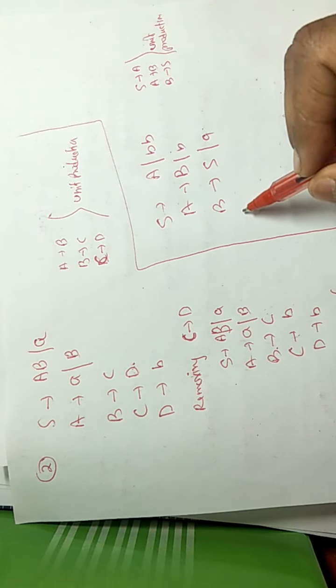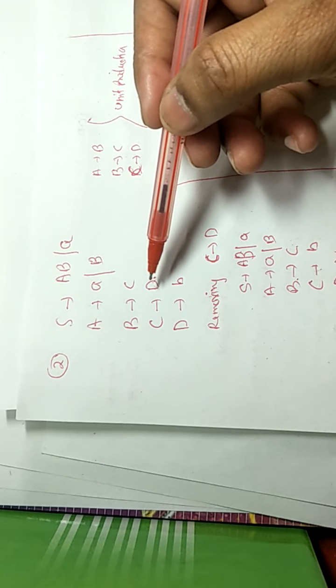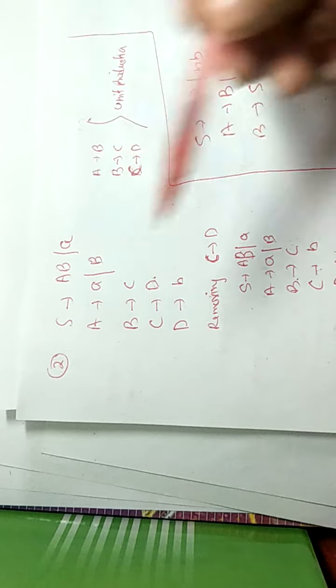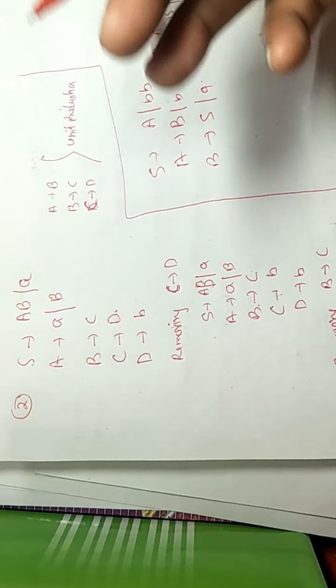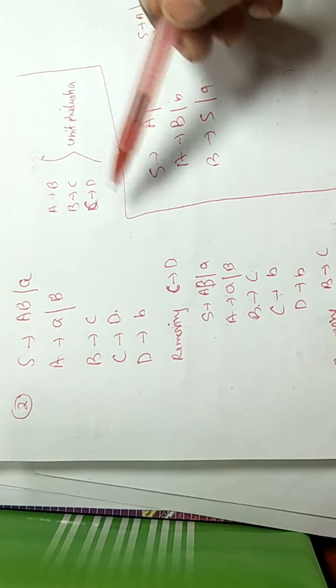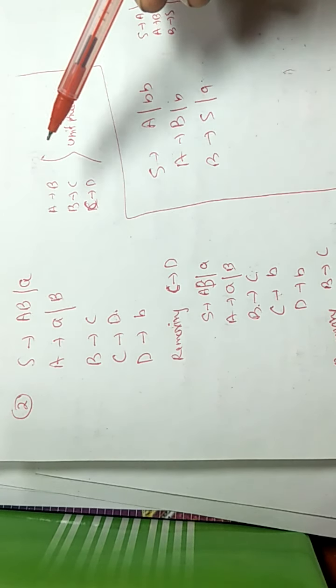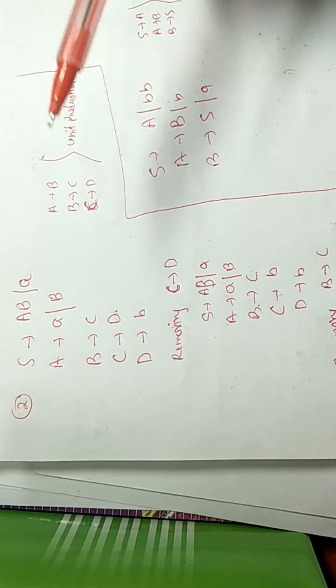So choose any one, and it is better to choose from the bottom. First remove the last one, then the second last, then the third last. It is just like following a procedure one by one. We are not going to remove all three in one go. We have to choose one first, then second, then third.